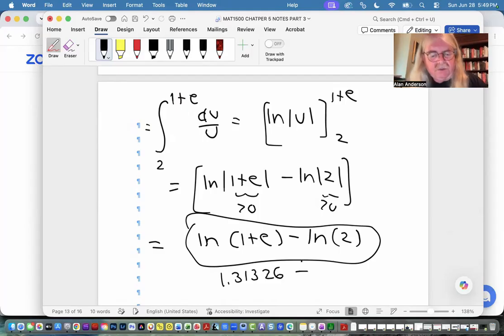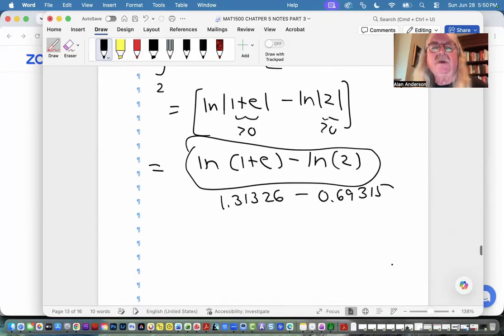The log of 2 is approximately 0.69315, let's say. And then that's going to leave us with approximately 1.31326 minus 0.69315. It's about 0.62.